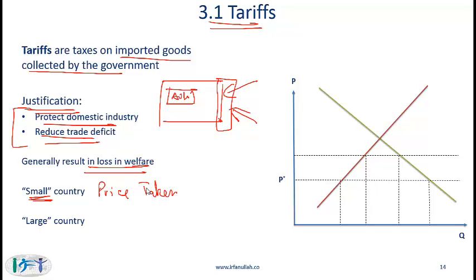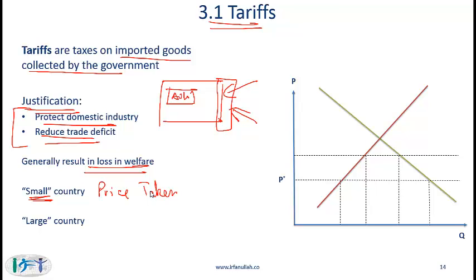To understand this, think about a relatively small country like Portugal. Portugal imports cars from the rest of the world, say from Japan, Germany, etc. But Portugal's imports have no impact on the global price of cars.